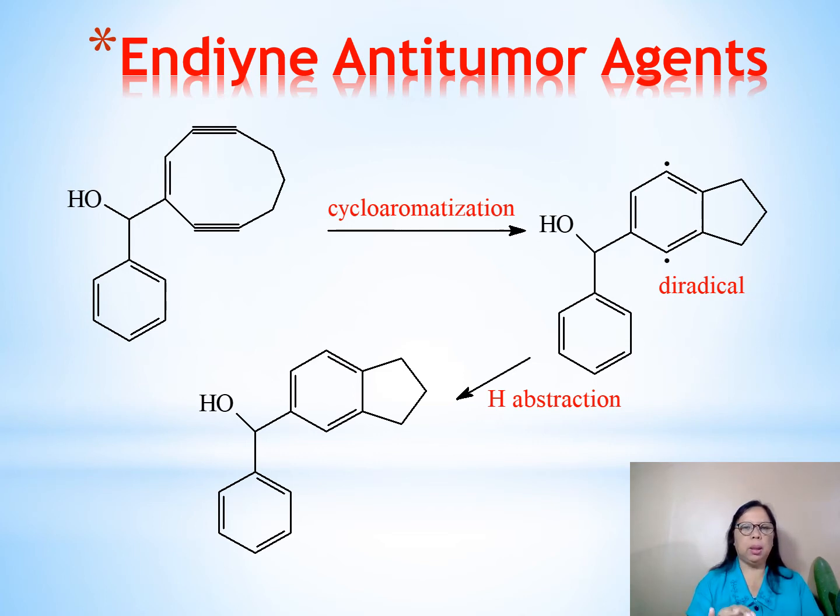I would like you to have the mindset that the only one that will be reacting here is this structure containing the triple bond. This structure containing your OH and your benzene ring will never be affected by this reaction. Now you focus your eyes on this structure alone and how it is changing in the reaction.